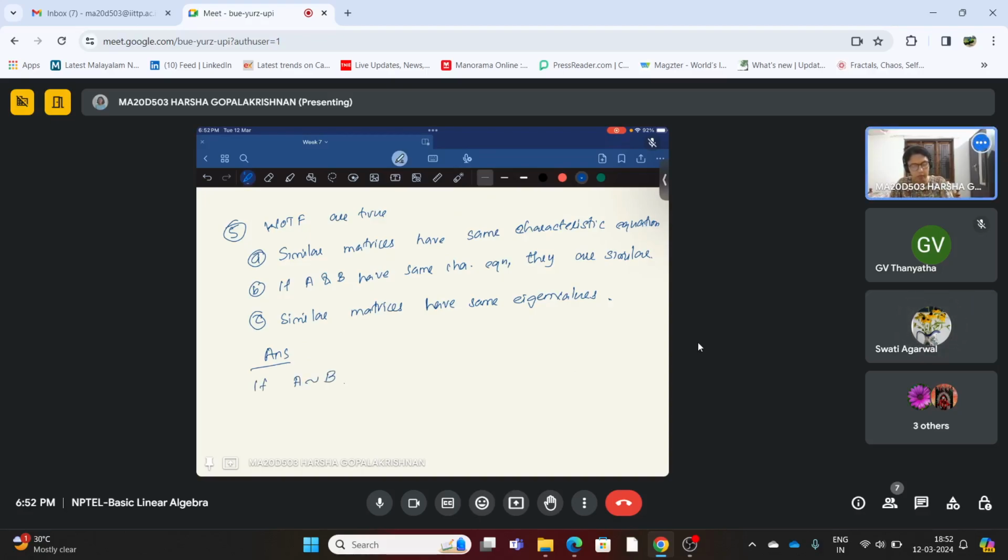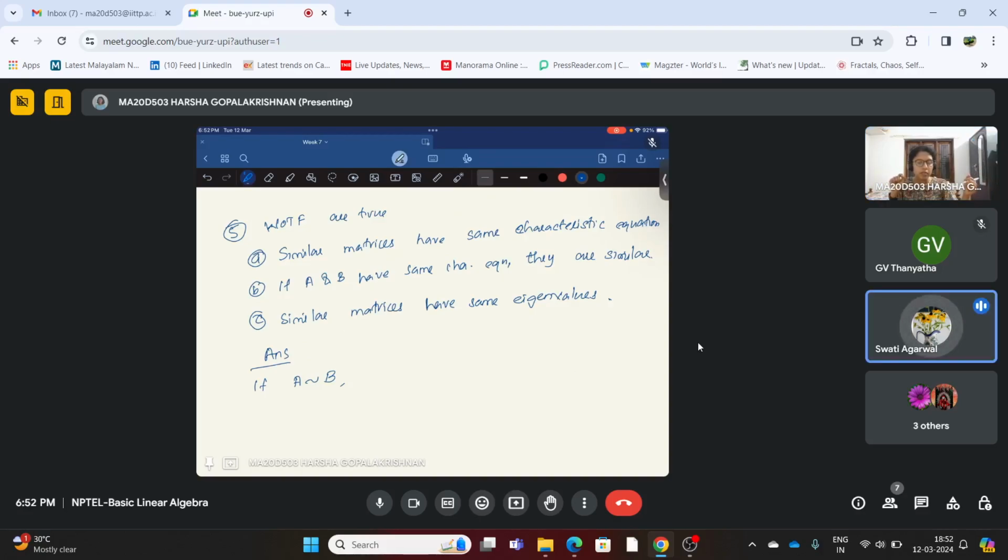Actually, I don't have the proof steps. So the proof is nothing, it is just using the definition of similarity. What I have written is: if A and B are similar, A is similar to B. So what is the definition of similarity?